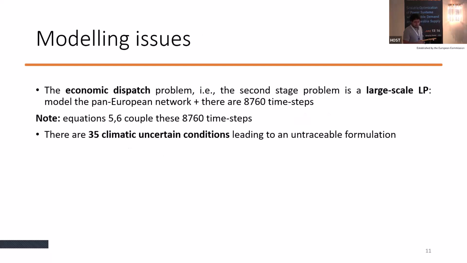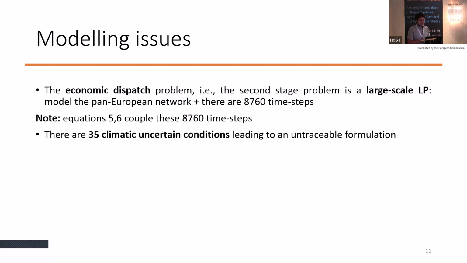Now I would like to discuss a bit on what the modeling issues behind this formulation are. Essentially, the economic dispatch problem, that is to say the second stage of our problem, is going to be a large-scale linear problem. Why is this? Because we are modeling the full pan-European network, and we are doing this with quite some granularity.